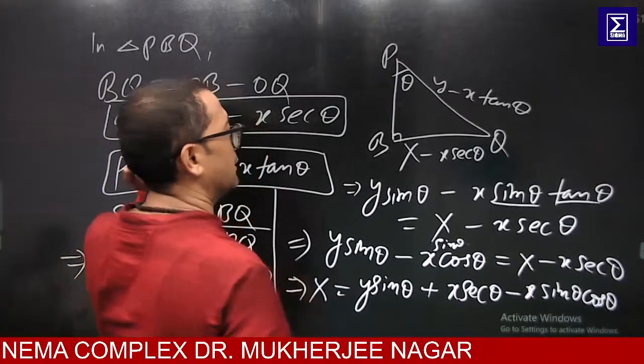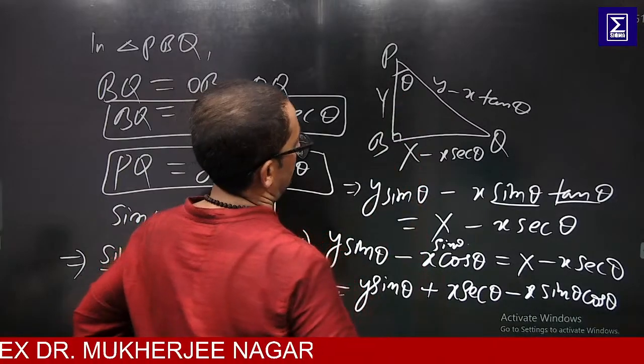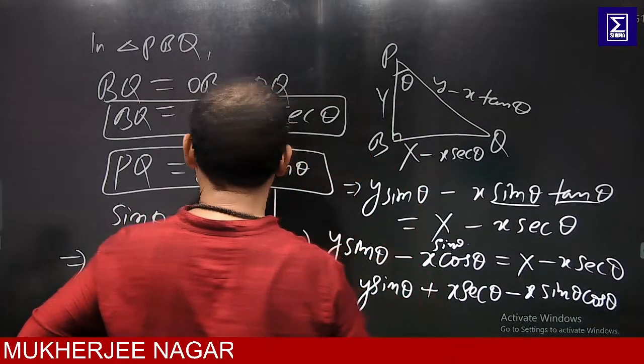So in this triangle, PB is capital Y. So let's take this first.